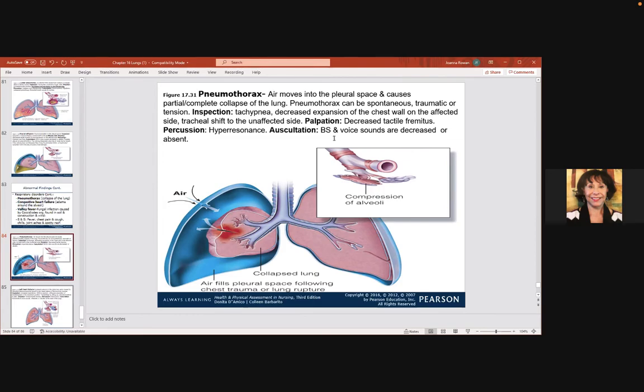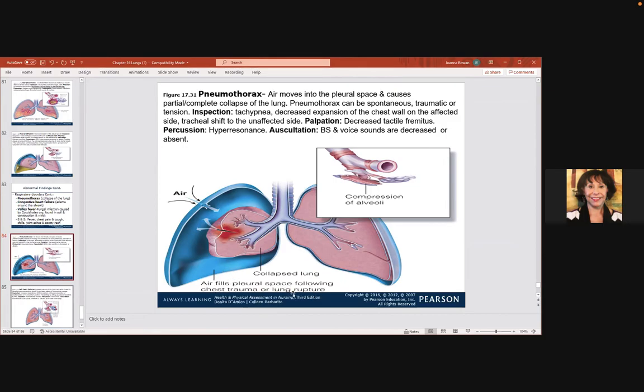And you see how the lung is collapsing here due to air entry. The air entry could be caused by a bullet or a knifing, because the negative pressure in there, by having an opening, will equalize, and then the lung will collapse because of the change in the air.